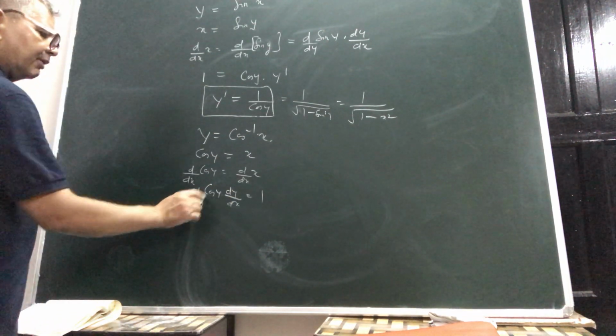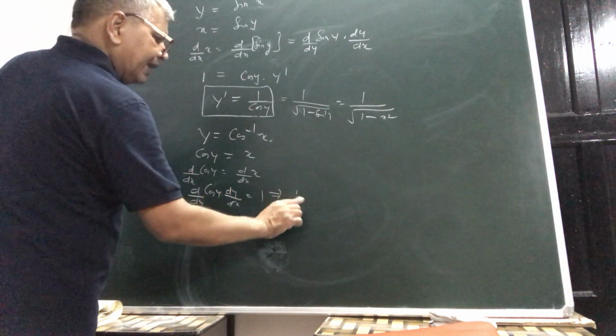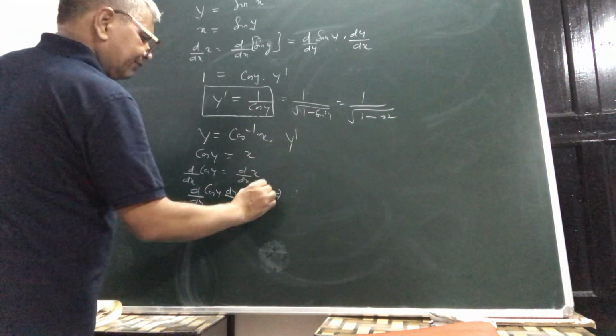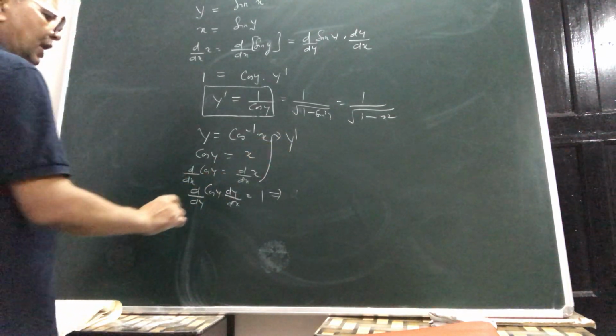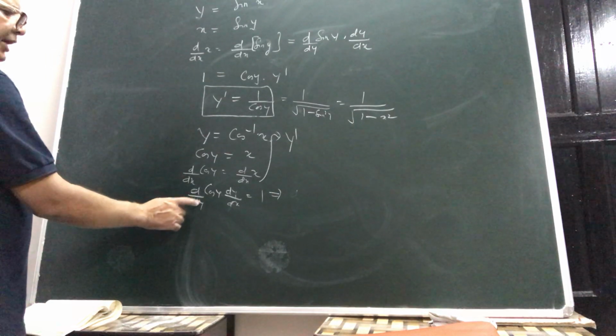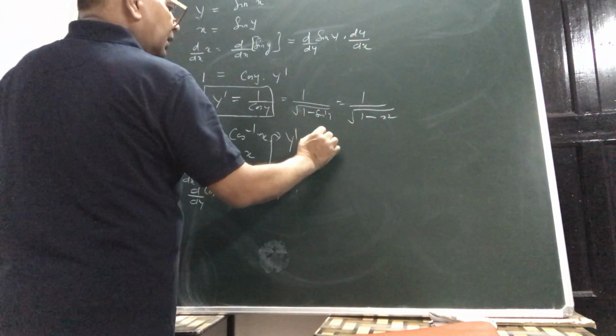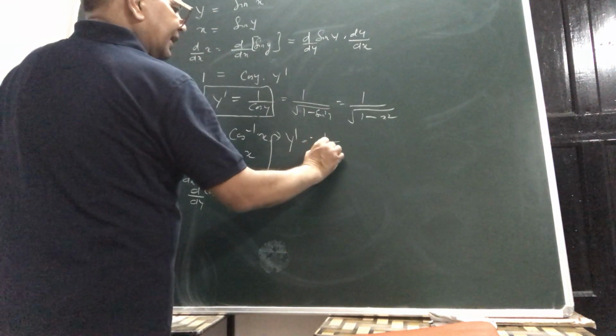And d upon dy of cos y is minus sin y. So y dash, that is dy by dx, is 1 upon minus sin y.